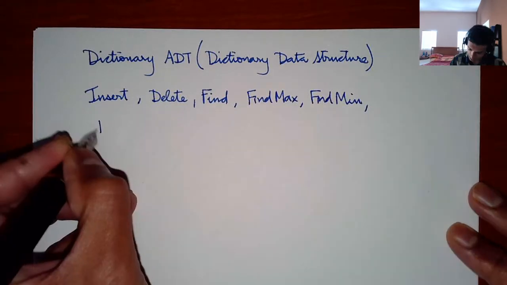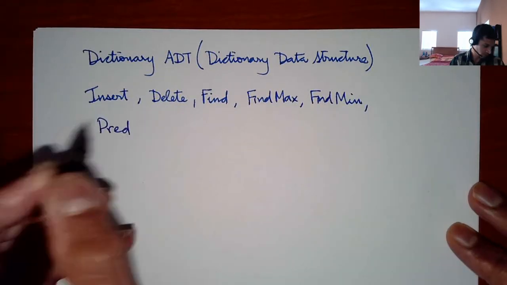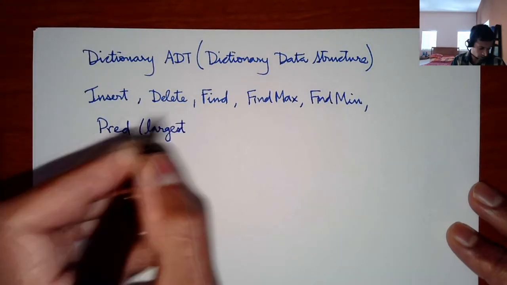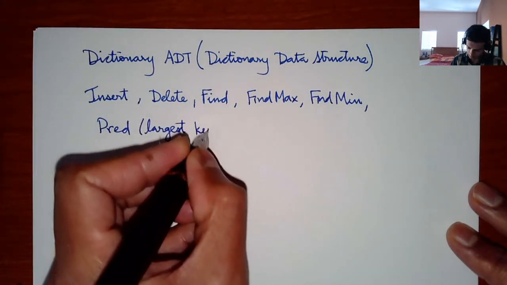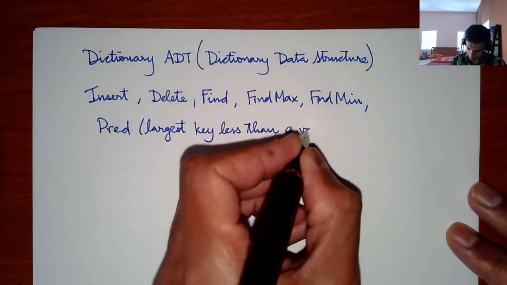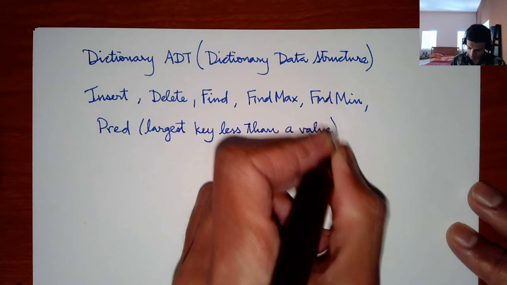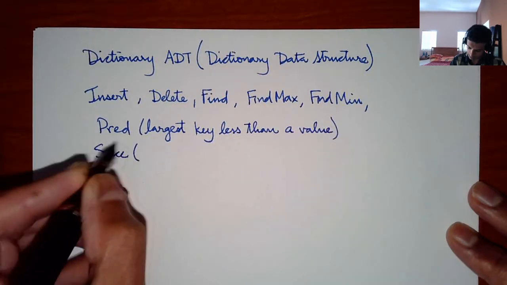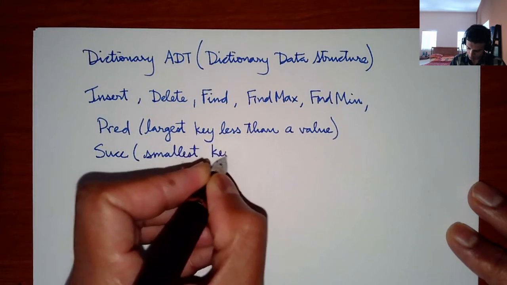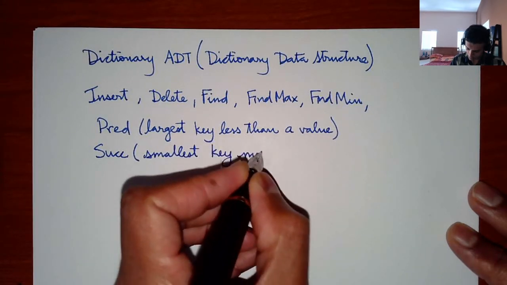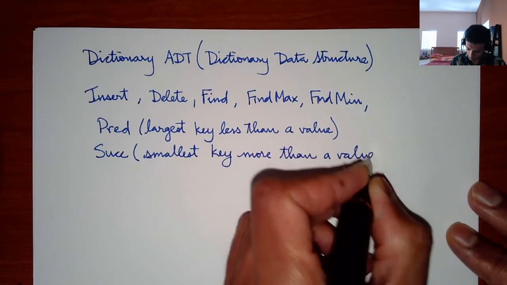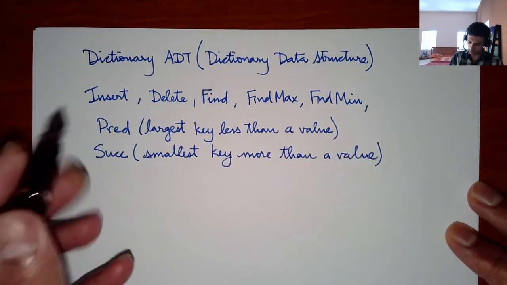You can get what's called the predecessor, which is the largest key less than a value, or the successor, which is the smallest key more than a value. So what we would like to do is to support all these operations.